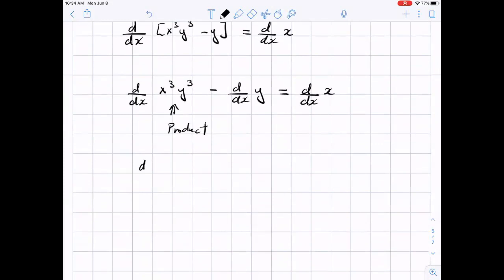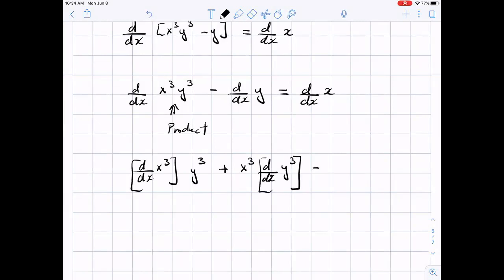So we're going to differentiate x cubed and we keep the y cubed, and then plus we now keep the x and differentiate the y cubed, minus, okay, that's the product rule, okay? This is our product.